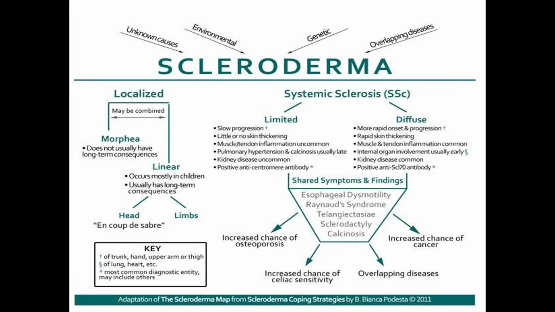One of them is positive to anti-centromere, and the other one is positive to anti-Scl-70. And both of them are called systemic sclerosis, or all of these are under the umbrella of scleroderma. Okay, so scleroderma could be localized or systemic sclerosis. This is the big umbrella of all these diseases.